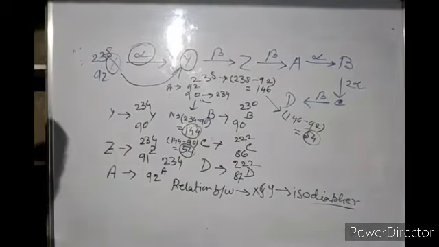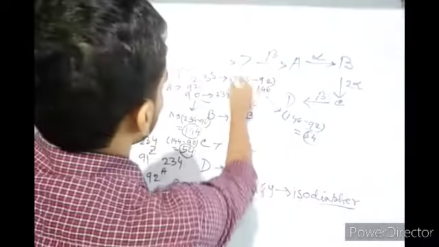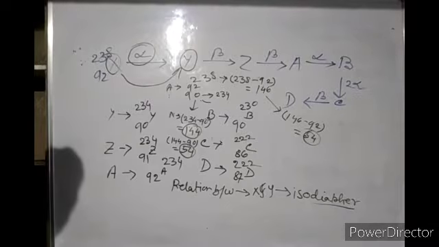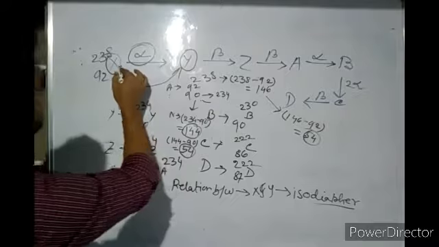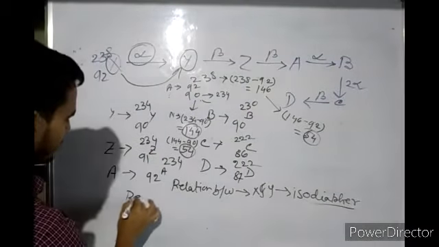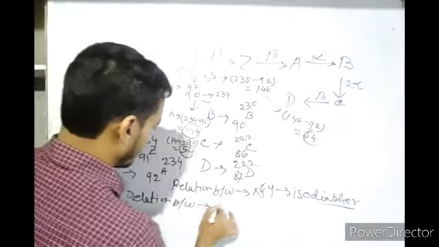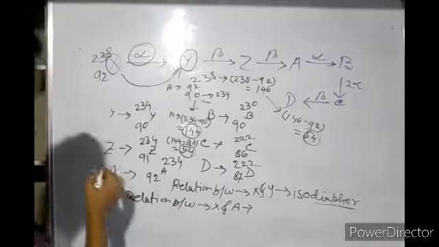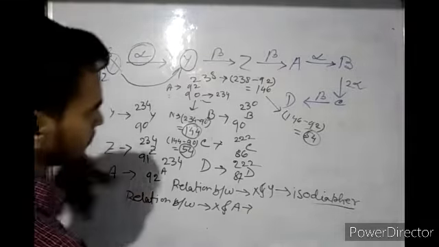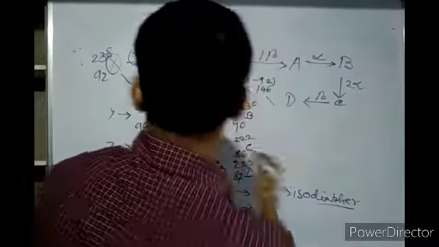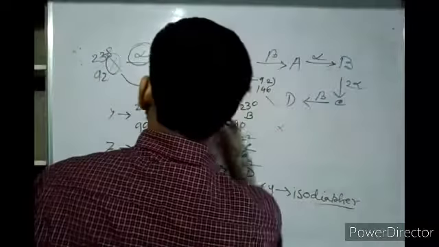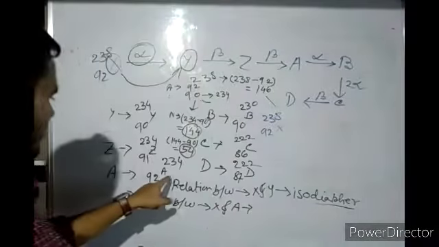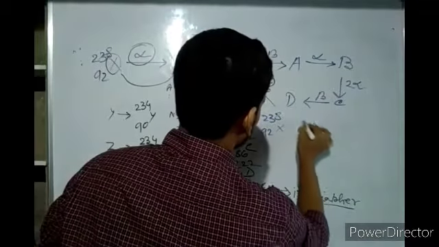Relation between X and A. In X, we see 92, 238 and A 92, 234.